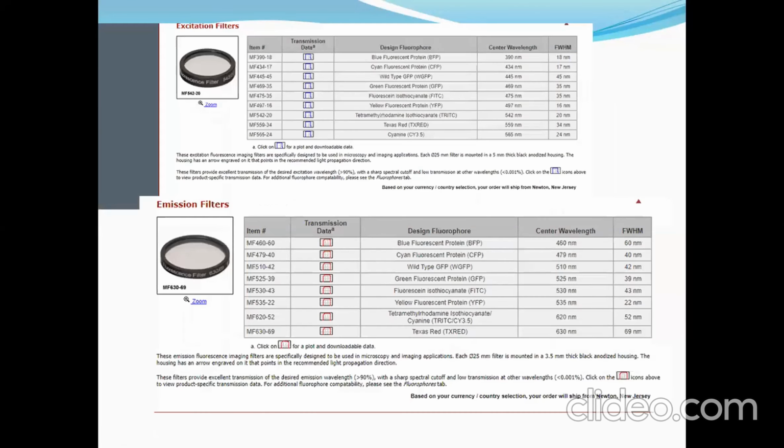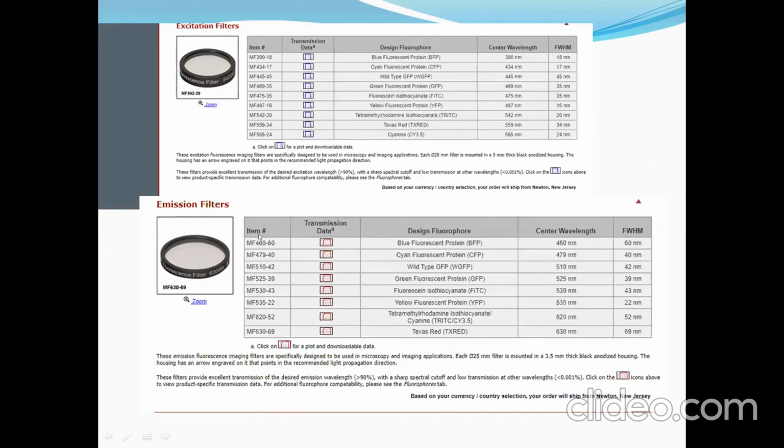I have just accumulated data from a site where they sell the different types of filters, and from that data you can see, if we are selecting blue fluorescent protein, we select an excitation filter with a wavelength of 390 nanometer.